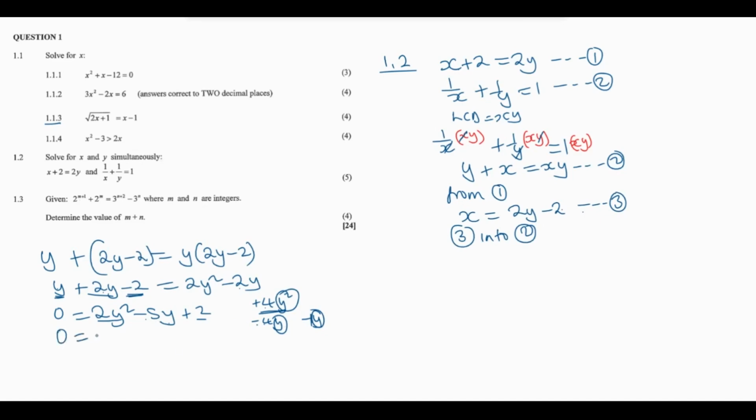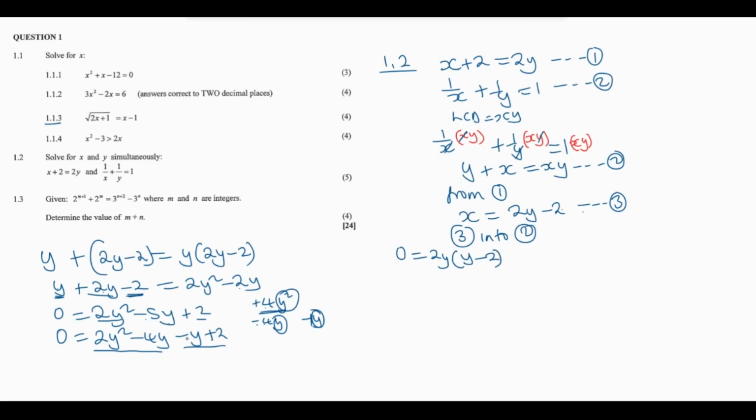So it becomes 0 is equal to 2y squared minus 4y minus y plus 2. And then we factorize by grouping in pairs. Factorize this pair, factorize this pair. So 0 is equal to 2y, I factored out 2y here, and then we remain with y minus 2.